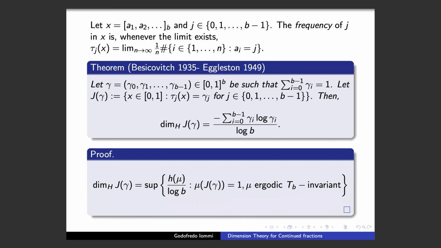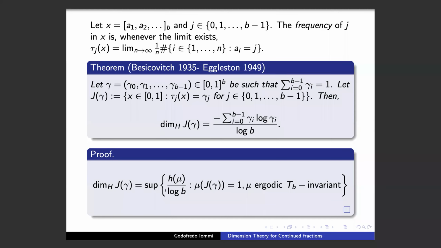So this quotient here is, of course, the Hausdorff dimension of the measure mu. So what you're looking at is the supremum of the Hausdorff dimension of the measures mu that support the level set J gamma.